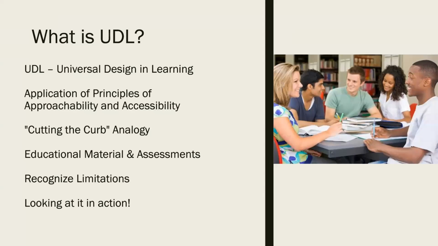Okay. Now, we also need to recognize that there are limitations, right? We'll talk a little bit more about that as we go along. UDL doesn't mean not preparing them for what comes next, right? When we talk about the way that I've altered assignments in one of the classes that I teach, you're going to see that I've made some changes, and I do recognize that there are some limits to what I can do, right?